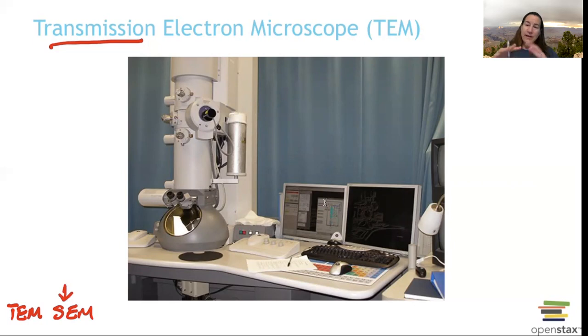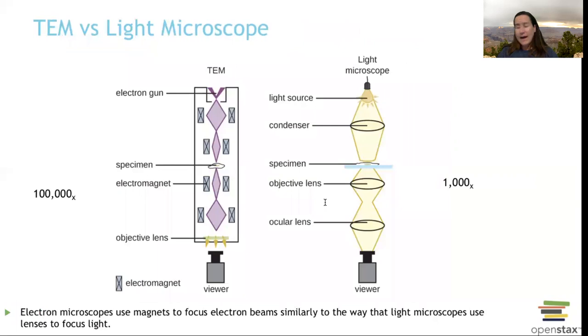So if you were looking at external structures on something very small, then it's an SEM. If you were looking at the internal structures inside of that bacteria, then it's probably TEM because it's transmitting through the object. I don't need you to know the steps on exactly how it works, just generics that they are using electrons, know the difference between scanning and transmission.